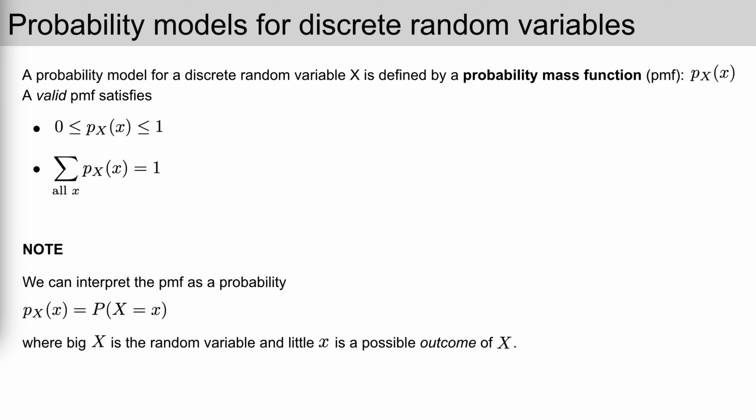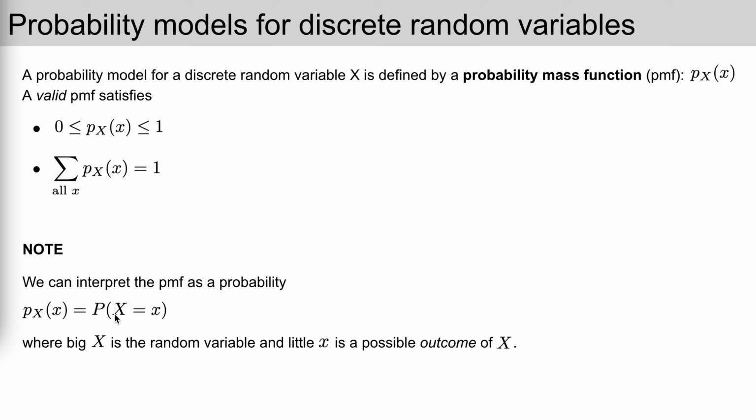Though the notation I'm using here is very conventional, and will continue to use it, it can be confusing at first. Notice that the big X in our formula represents our random variable. So, the big X in the subscript here denotes that this model describes X. And the big X in the probability calculation reflects the fact that the outcome of this random variable is unknown.